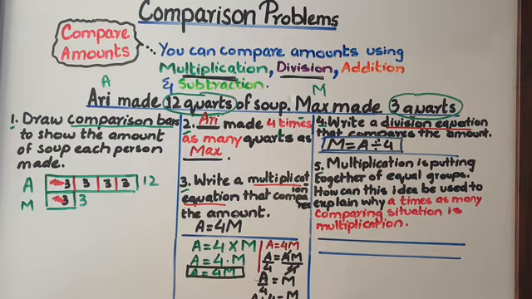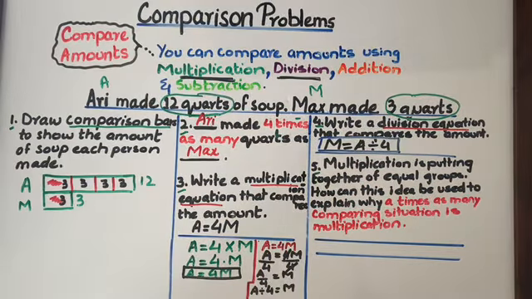Right. The fifth part of this problem says: multiplication is putting together of equal groups. How can this idea be used to explain why a times-as-many comparing situation is multiplication?